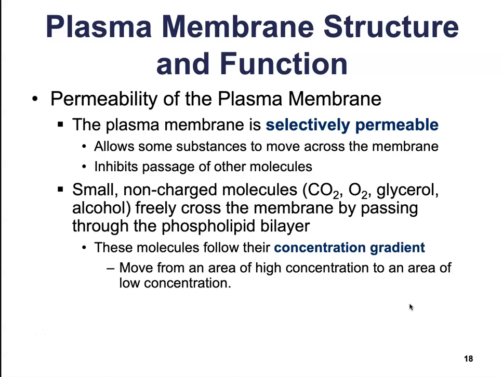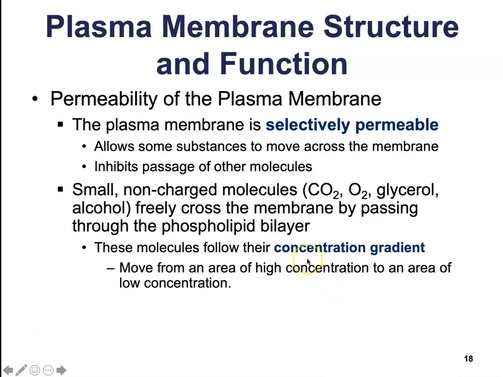When we say it's selectively permeable, that implies that some substances can move across and others cannot. In general, small, non-charged molecules, things like carbon dioxide, oxygen, glycerol, alcohol, all freely cross the membrane. They can pass through the phospholipid bilayer.